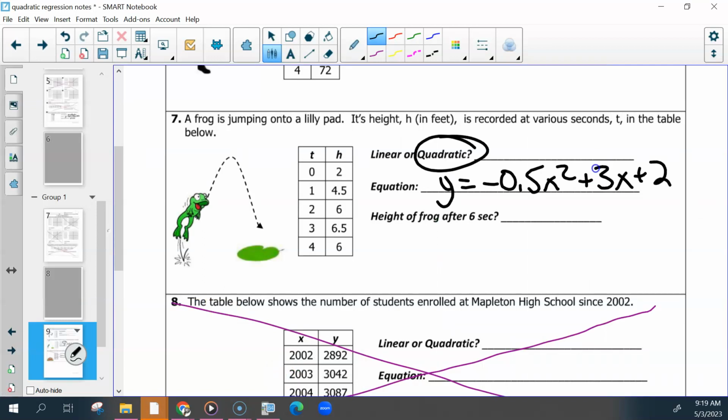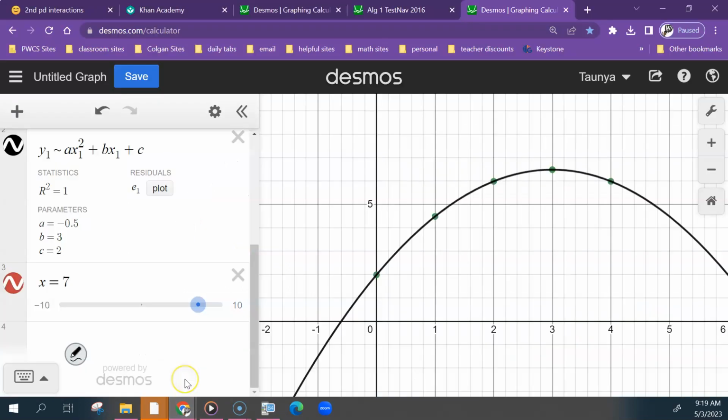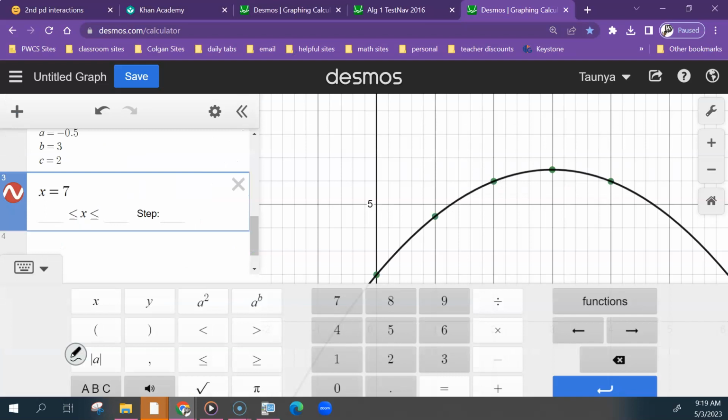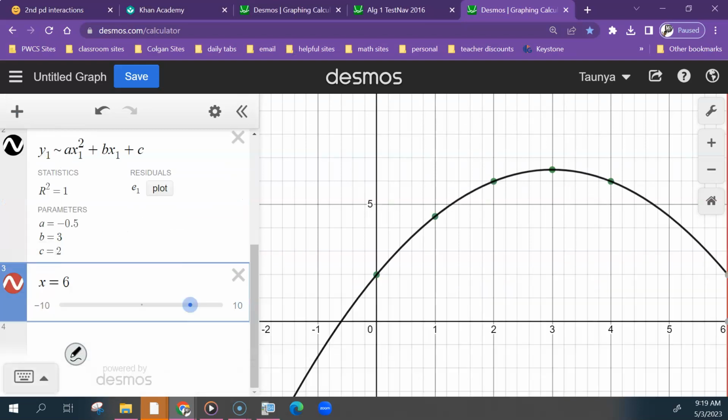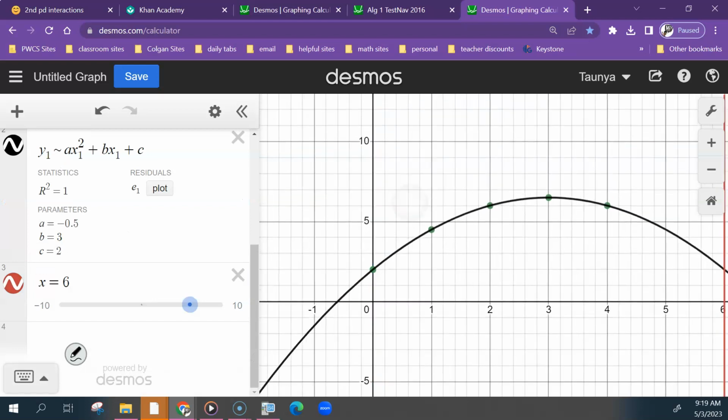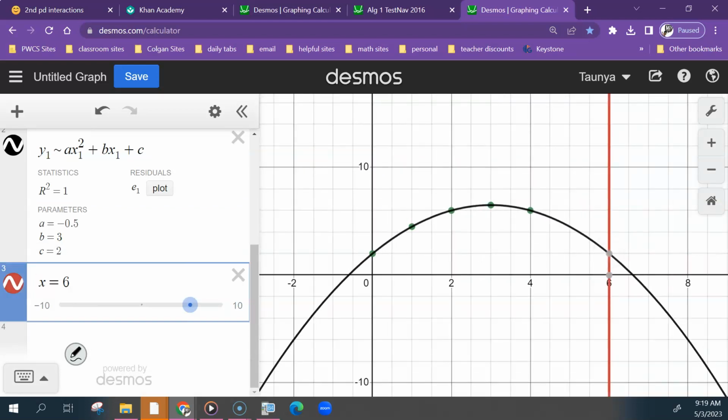And if we're looking for the height of the frog after 6 seconds, 6 is our x value, height is our y value, so we can put in x equals 6 and see where those two overlap or cross. So at 2 feet.